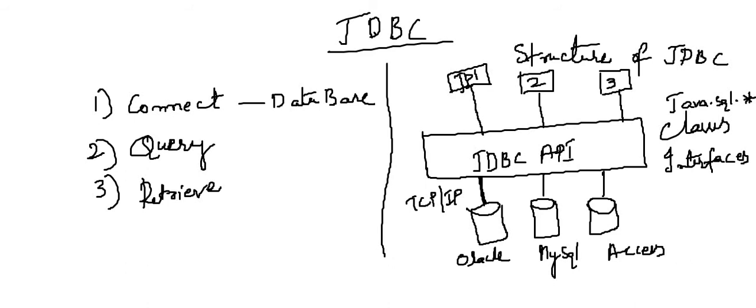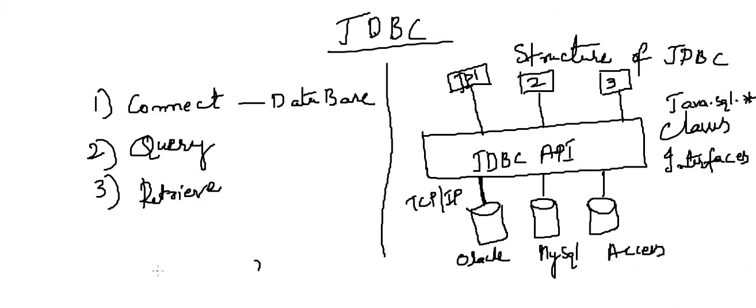We combine the classes and interfaces which are used for interacting with your databases, and altogether we call them drivers. So with the help of these drivers, we are going to interact with the databases which are available on your computer or over your network.